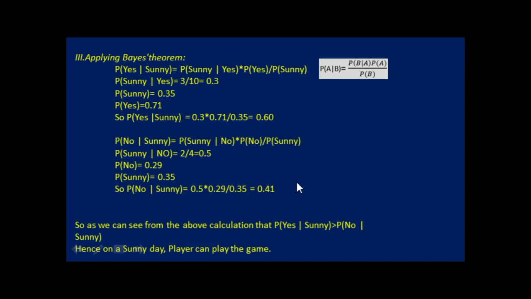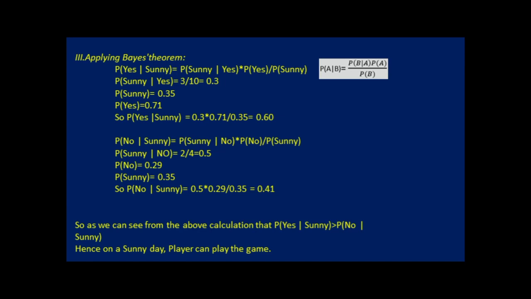Okay. Whether the condition is sunny, the probability of yes is equal to 0.60, the probability of no is 0.41. Which is greater, 0.60 or 0.41? 0.60 is greater. So from the above calculation for sunny, the player can play the game. Yes. So the result is 0.60.